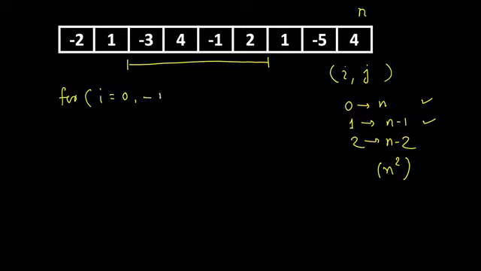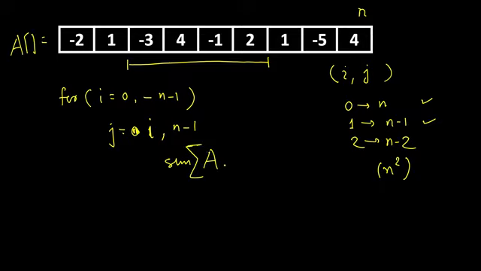i equal to 0 to n minus 1, j equal to i to n minus 1. Find the sum of, this is the array A, sum of A[k], k equal to i to j.